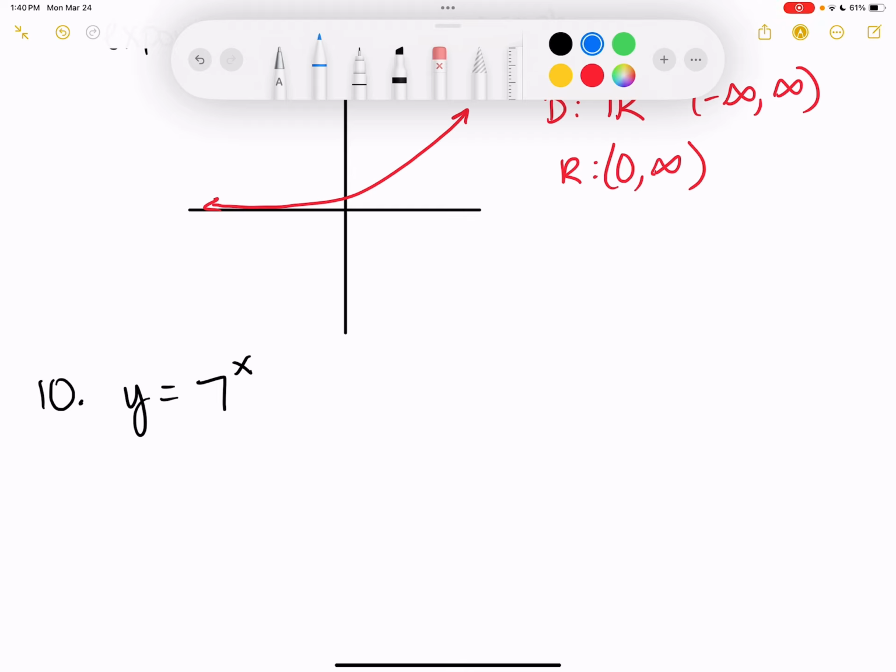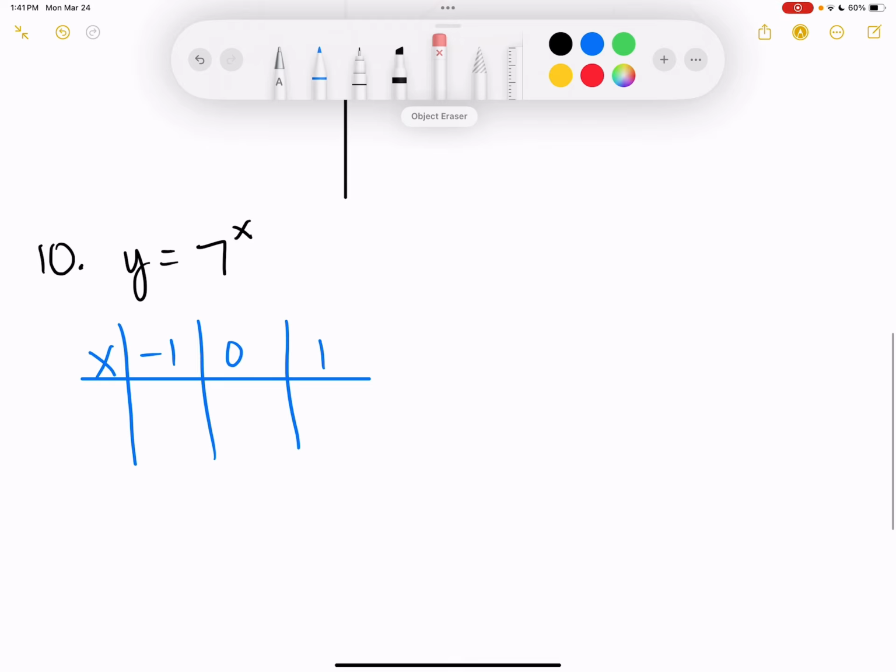So I'm going to make a little XY table here. I'm going to say if x is -1, if it's 0, and if it's 1. I just need enough points for me to know what it looks like. Actually, I'm going to add another row, and do the actual solving in the middle blank, just to make it easier.